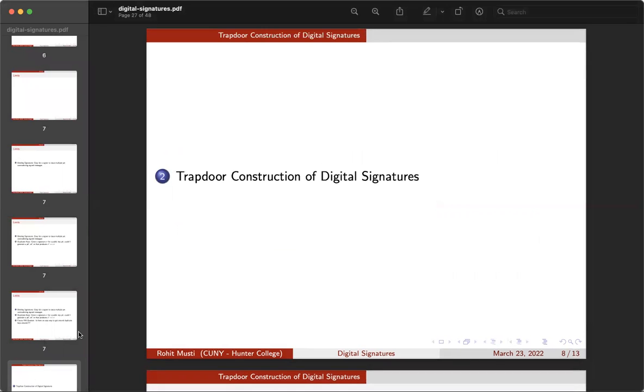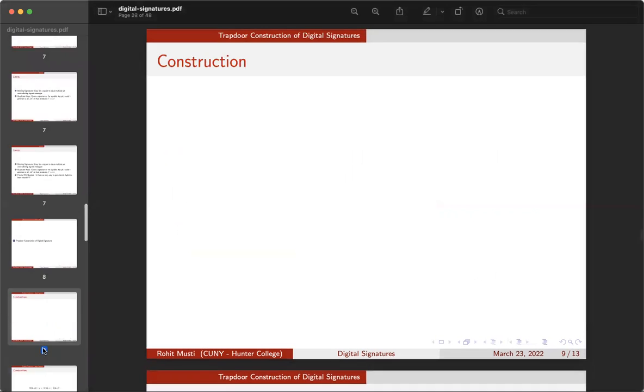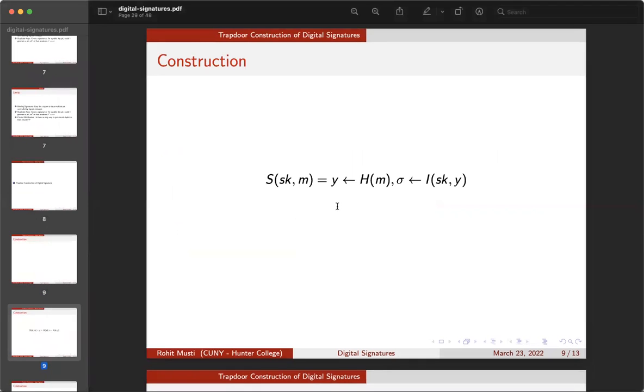So with that, how do we construct these digital signatures? Well, to sign them, we use our collision resistant hash function right here. Here we say y equals the hash of the message, and then the signature is the trapdoor function inversion of the secret key with y.